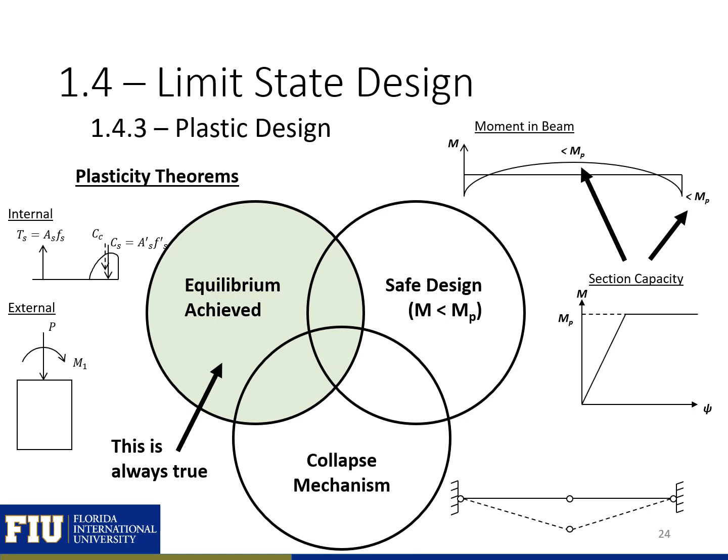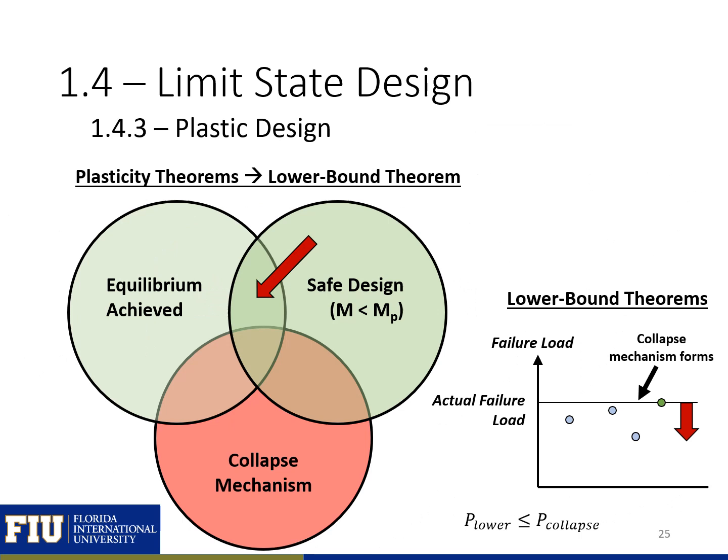As I said, in our plastic limit state design, our equilibrium is always going to be achieved. So this is always going to be true. A lower bound plasticity theorem is always going to satisfy equilibrium and our yield criterion. So we're always going to have a safe design if we're using a lower bound theorem.